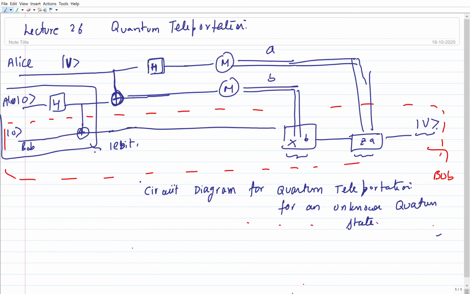So let's look at it. What exactly is happening in this circuit diagram?